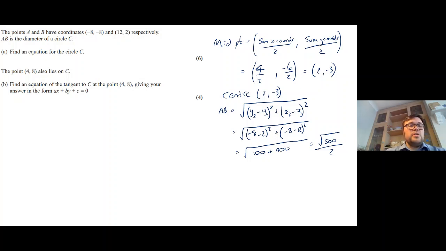The equation of the circle would be x minus the x coordinate, which is 2, all squared, plus y minus the y coordinate all squared, equal to the radius squared.